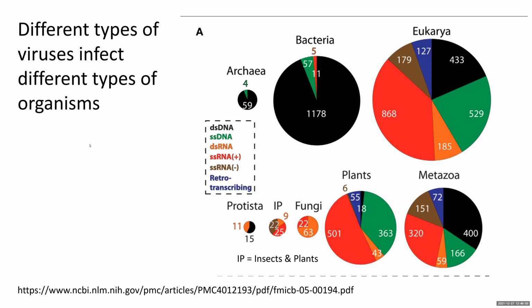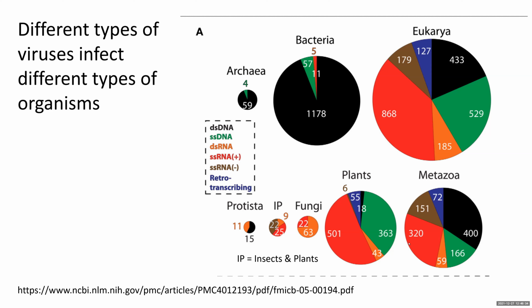There are archaeoviruses, bacterial viruses, and eukaryotic viruses. When we break down the eukaryotic viruses between the metazoa, the plants, the fungi, protists, and this little group is a weird group because insects and plants share some viruses that the insect is the transmission vector for.